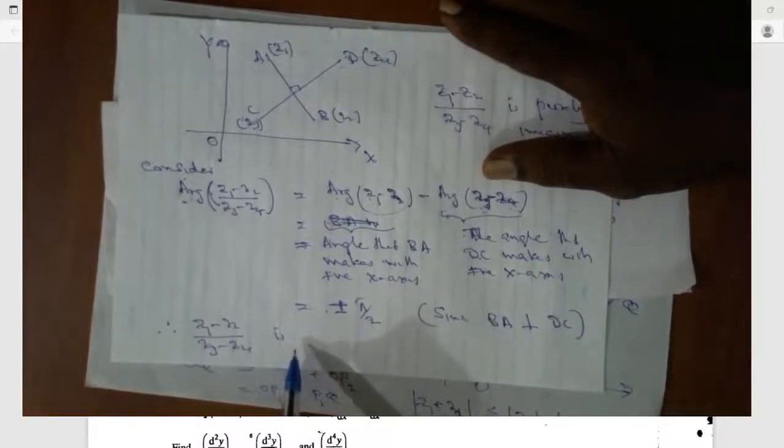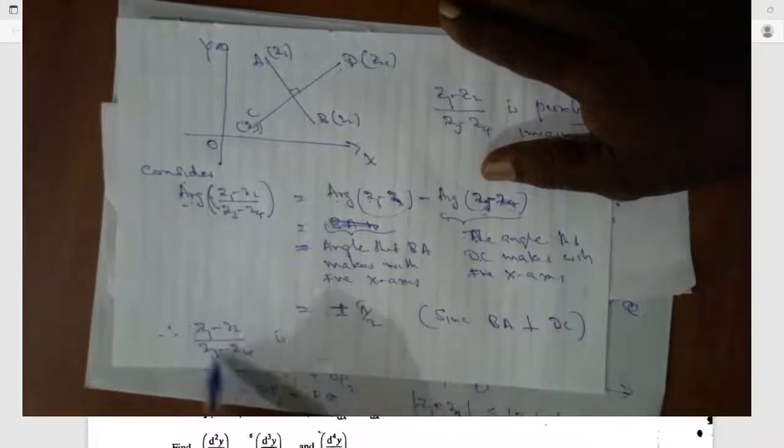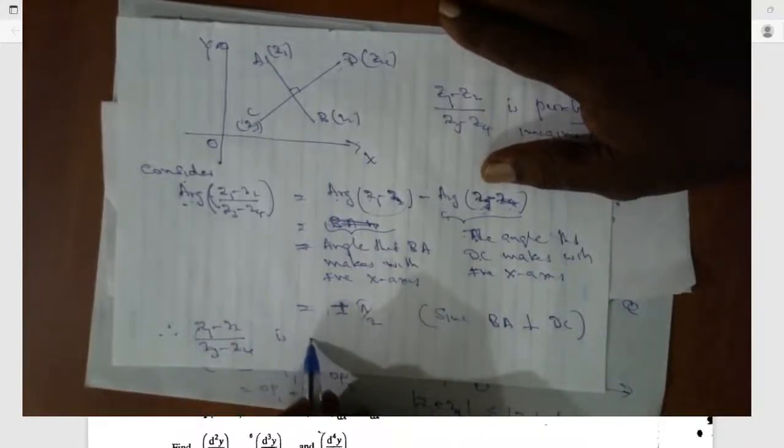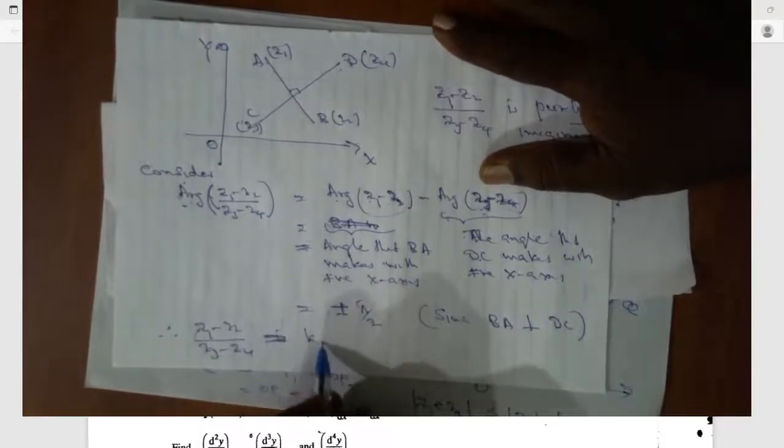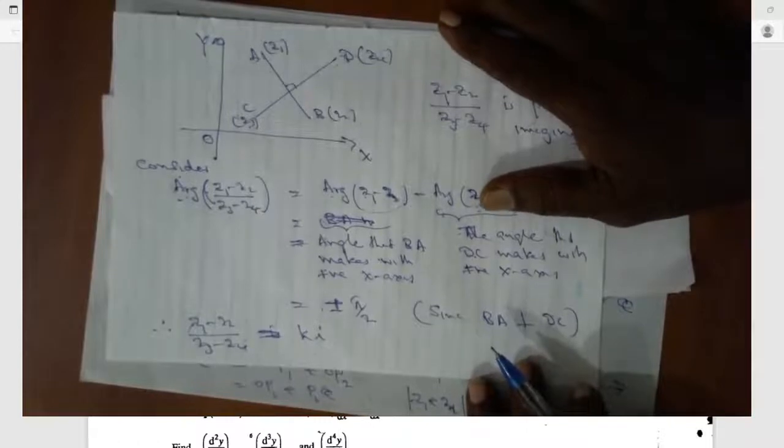Therefore this complex number is purely imaginary, since it lies on the y axis. Therefore C1 minus C2 over C3 minus C4 is purely imaginary.